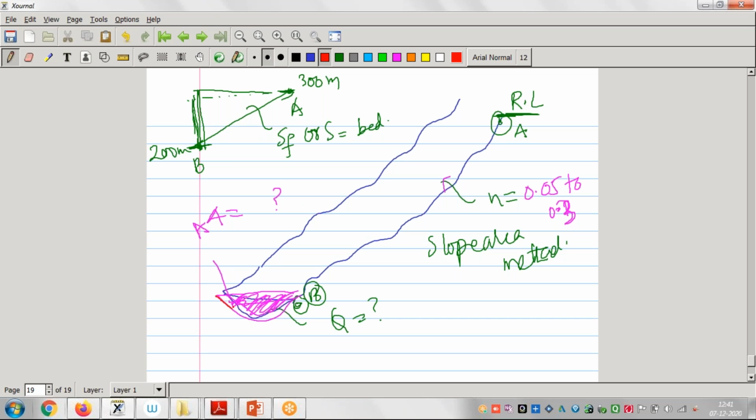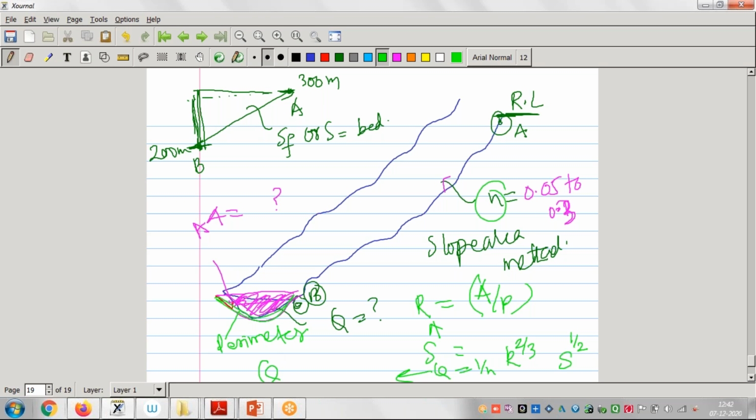Perimeter means whatever portion is touching the water. Once you know this perimeter, you can calculate the R value, area upon perimeter. Next, you know the N value, then you know the S value, so you can calculate the discharge: 1 upon N, R raised to the power 2/3, S raised to the power half. So through this method, you can calculate the discharge.